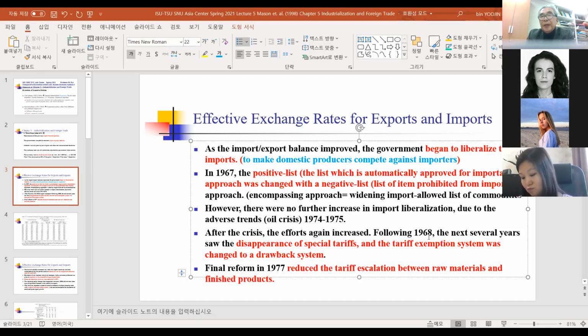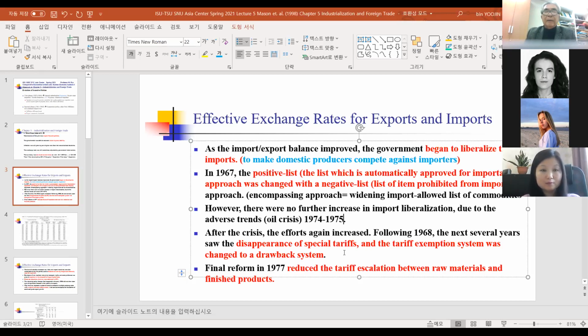Following 1968, the next several years saw the disappearance of special tariffs, and the tariff exemption system was changed to a drawback system. Okay, these are a little bit technical words. Disappearance of special tariffs refers to high walls, like on luxury items.